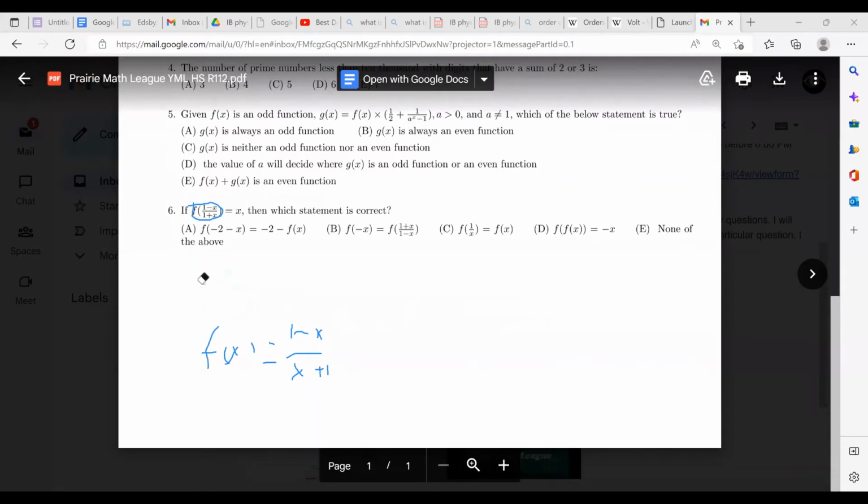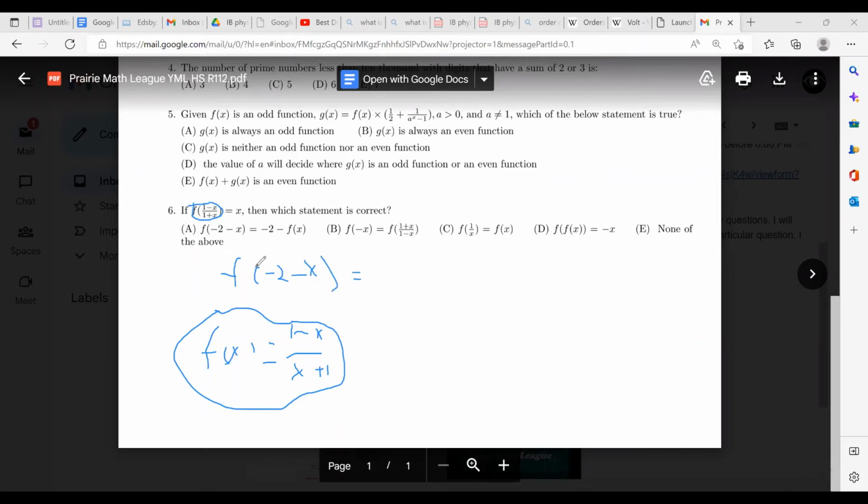The first one is, okay, so this is our new way to define f of something. f of (negative 2 minus x) is equal to something.